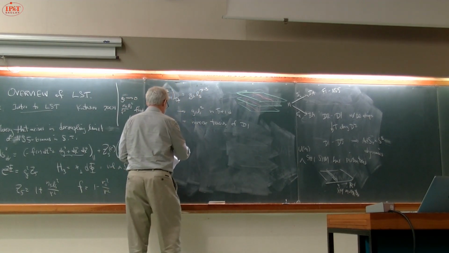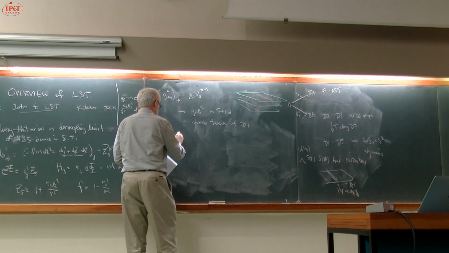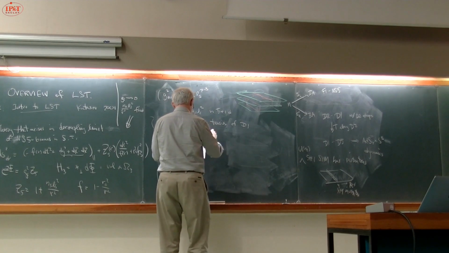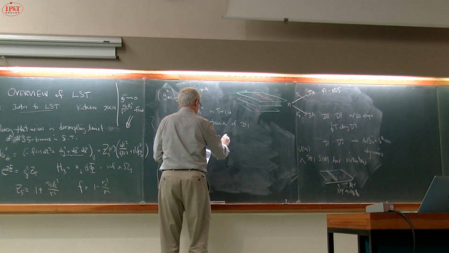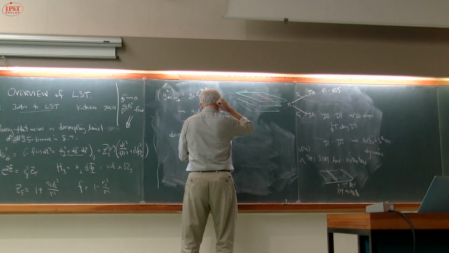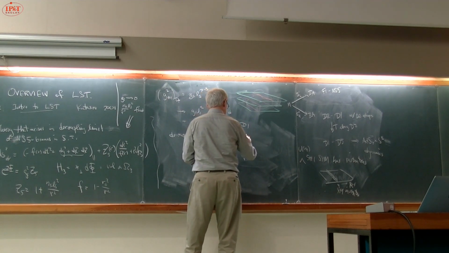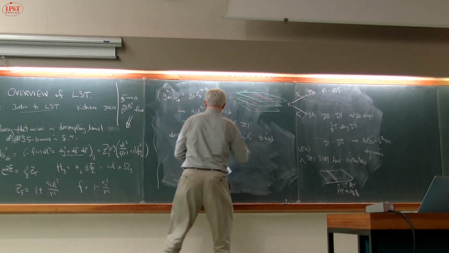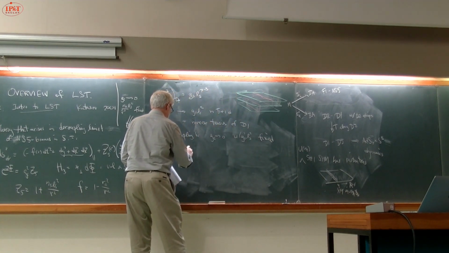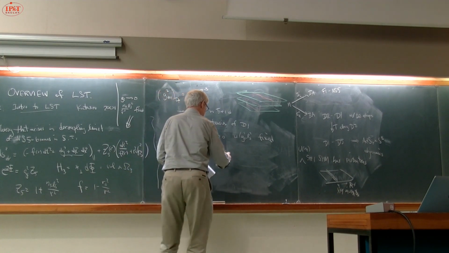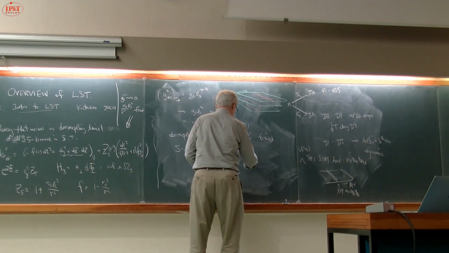So here, the decoupling limit is g_string goes to 0 with g_string squared l_string squared fixed. And that's S dual to g_string goes to 0 with l_string squared fixed.